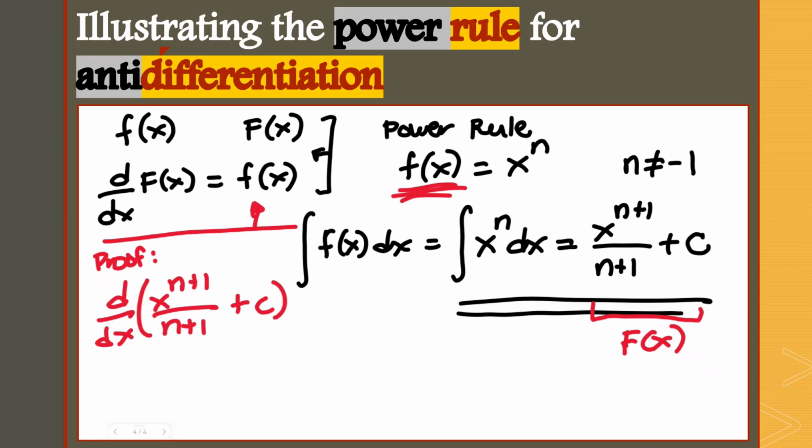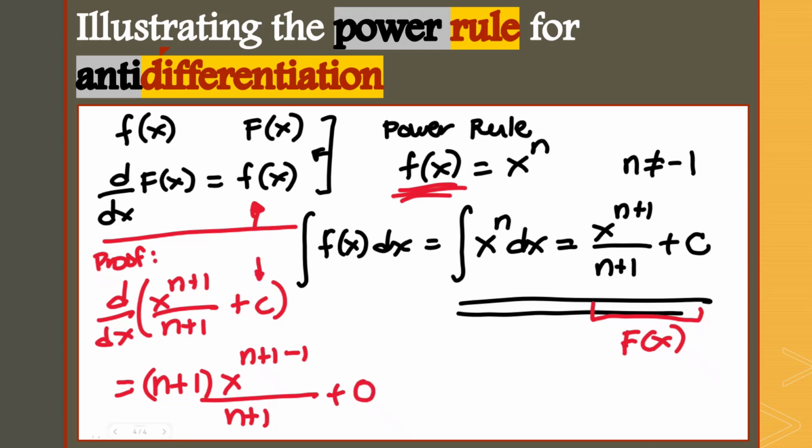Now take note, when we try to remember the derivative of a certain function, we are going to use here the power rule for differentiation. Therefore, the derivative: we are going to take out the exponent n plus 1, right? You have your x to the power of n plus 1 minus 1, and of course, it already has over n plus 1 originally, plus the derivative of any constant with respect to x, which is actually equal to 0.